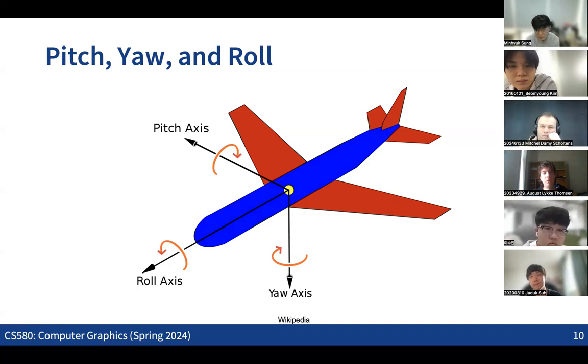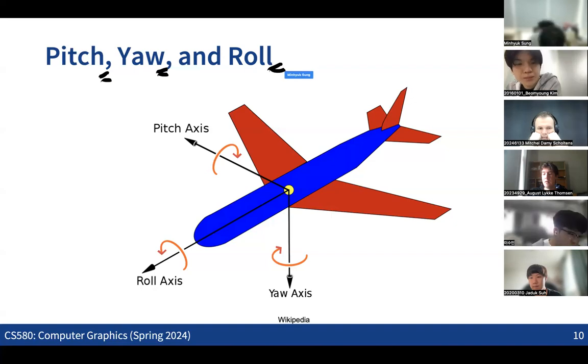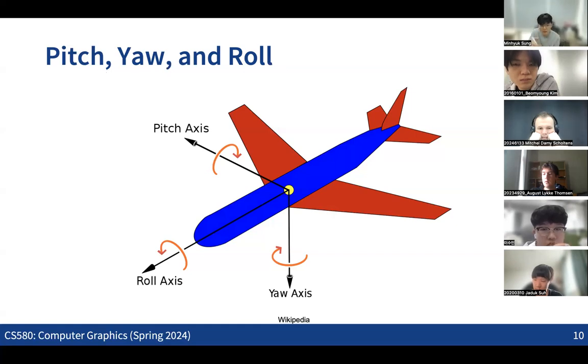And this idea of having angles for 3D rotation was actually first introduced to control the flight of the aircraft. Those three angles were called the pitch, yaw, and roll. Pitch is the angle controlling lifting or lowering the aircraft, and roll is the angle controlling the rolling to the left and the right.